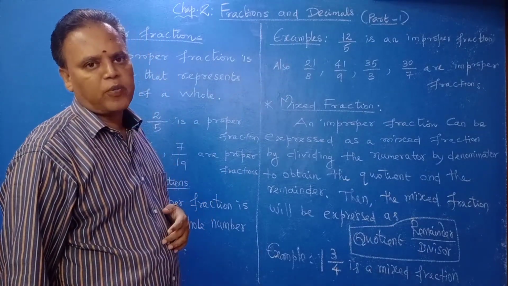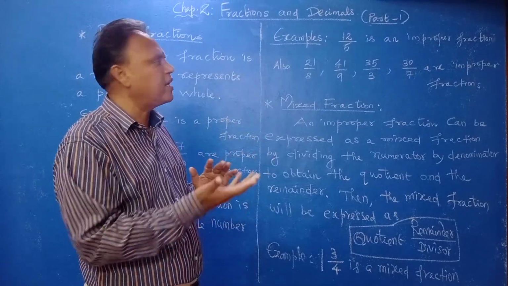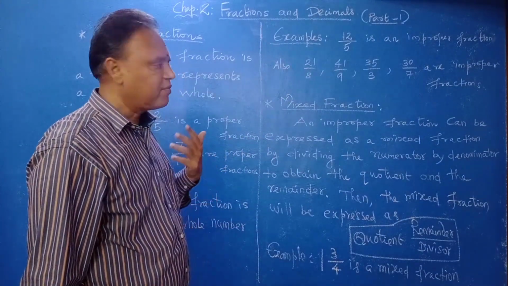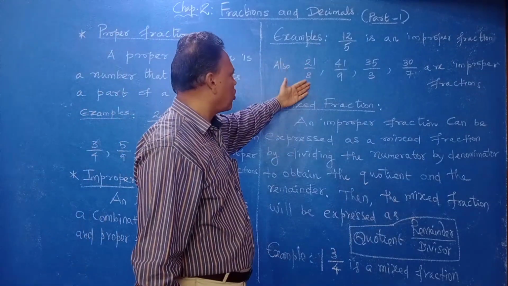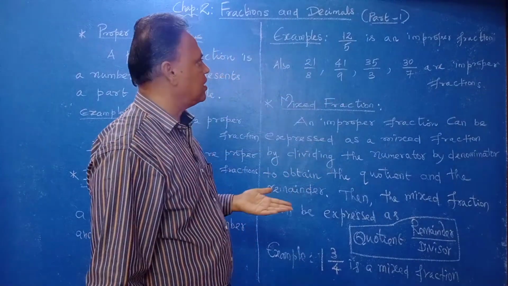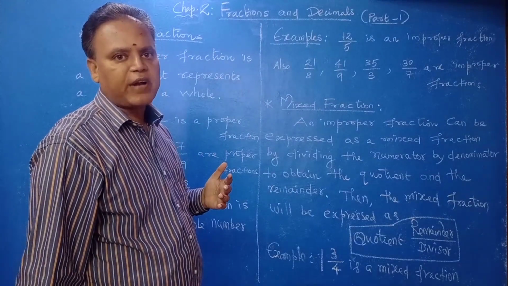In 12, there are 2 fives. The remainder is 2. You will get a quotient and a remainder. Such a type of fraction is called an improper fraction. Some more: 21 by 8, 41 by 9, 35 by 3, 30 by 7 are all improper fractions.